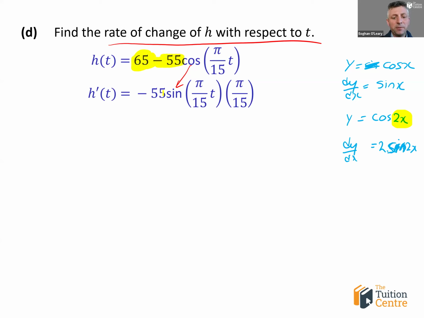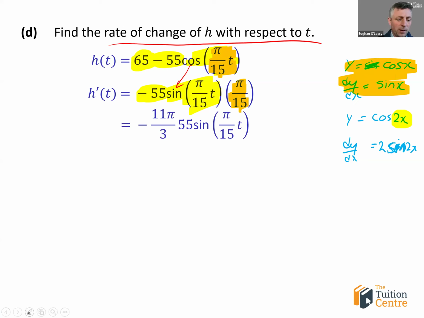The minus 55 is just a coefficient, so that's just going to stay there. Cos of pi over 15t differentiates to be sine of pi over 15t. But I must multiply by the derivative of pi over 15t, which is just pi over 15. And I must do that because it's chain rule, because it's not just cos differentiating to be sine.